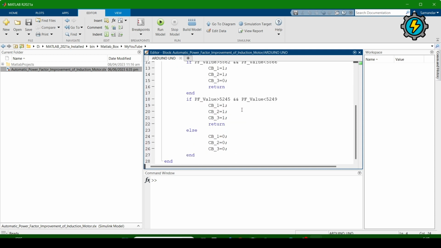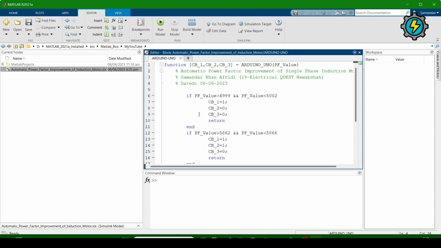In the third condition we are applying a 5 Newton meter load, and in this condition all three capacitor banks will be connected, in action to improve the power factor. In the else condition, all circuit breakers will be off. So this is a very simple program.